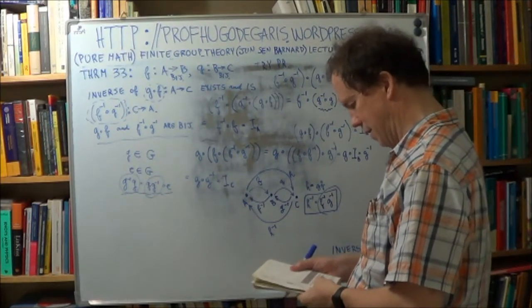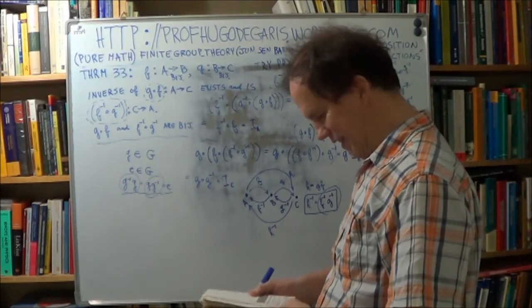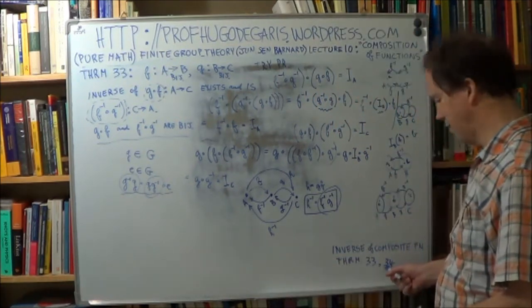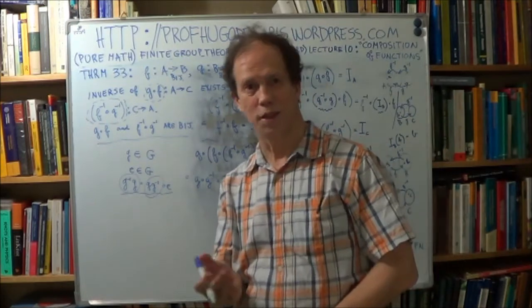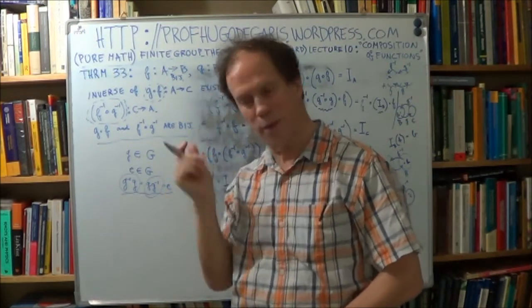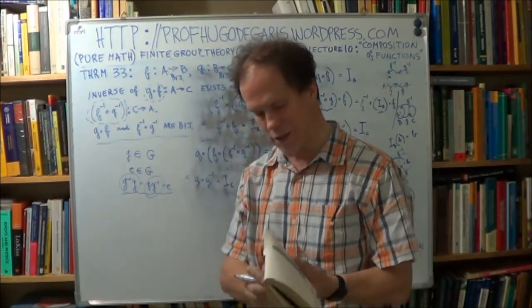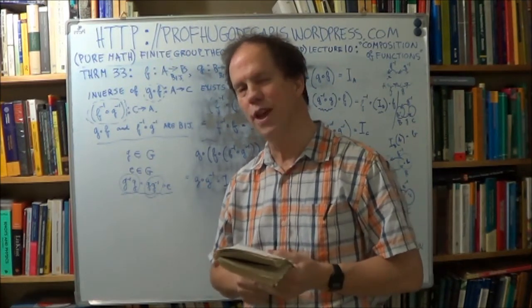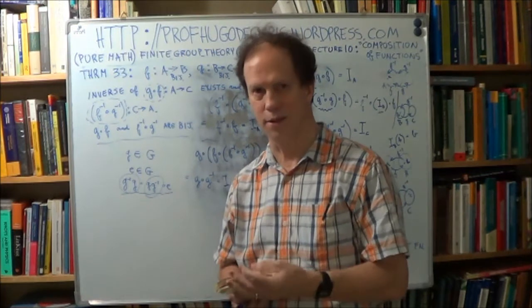Now we're going to have theorem 34, and here's the punchline, the pot of gold at the end of the rainbow that I've been promising several times throughout this long lecture. Have you guessed what I've been hinting at?